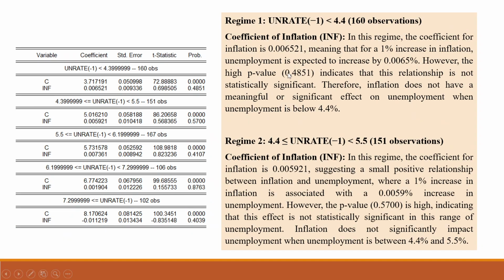First regime, unemployment rate for the past, if it is below 4.4, 160 observations are there. And what is the inflation coefficient here? It is 0.006. In this regime, the coefficient for inflation is 0.006, meaning that for a 1% increase in inflation, unemployment is expected to increase by 0.0065.